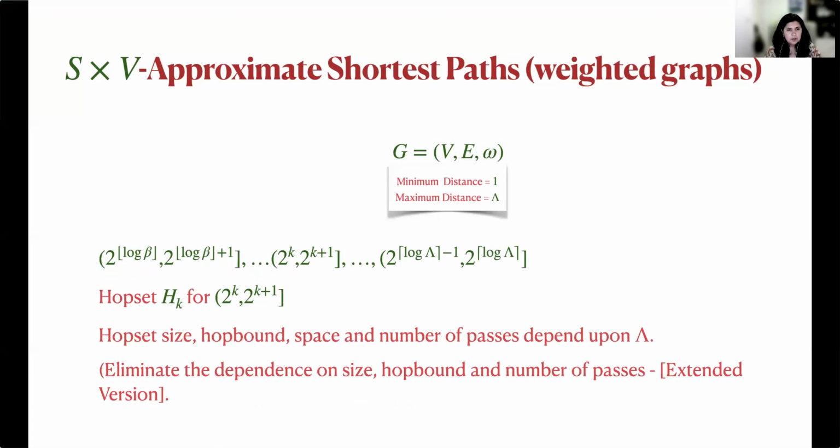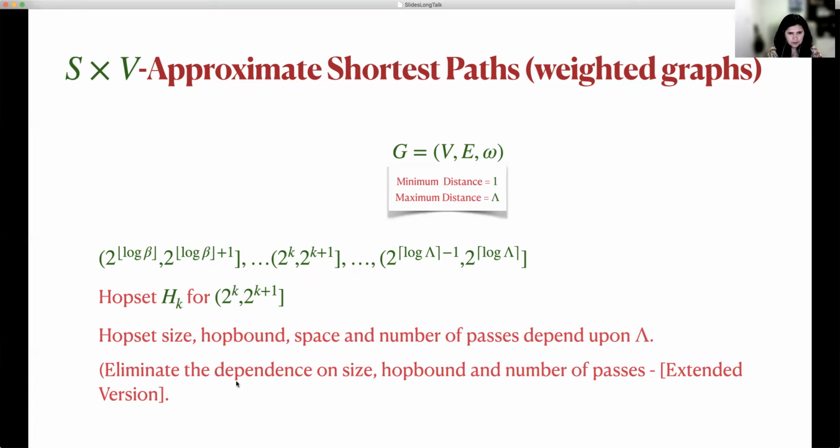So with this, we have computed all these hop sets one after the other, and they give us 1 plus epsilon approximate distances. Now the problem is that here hop set size, hop bound, space, and number of passes, everything depends upon lambda.